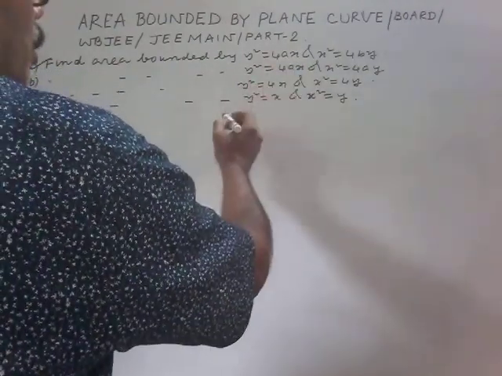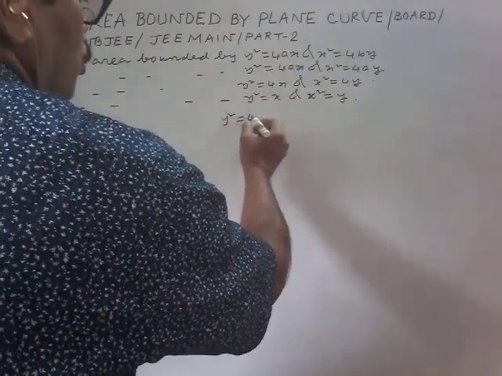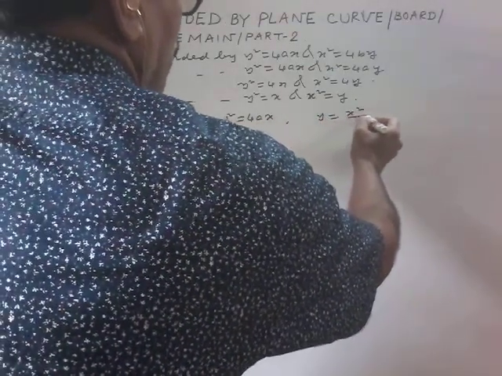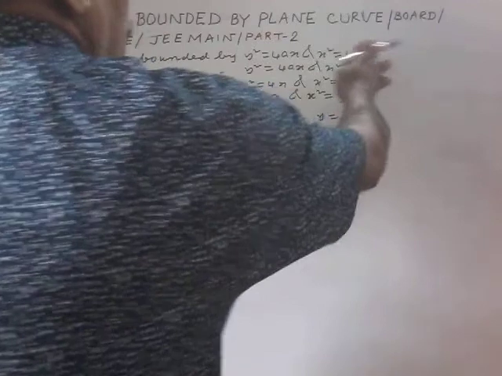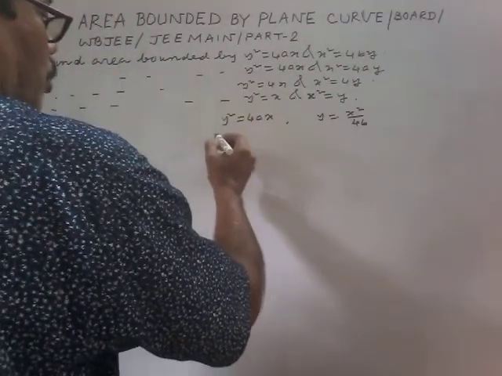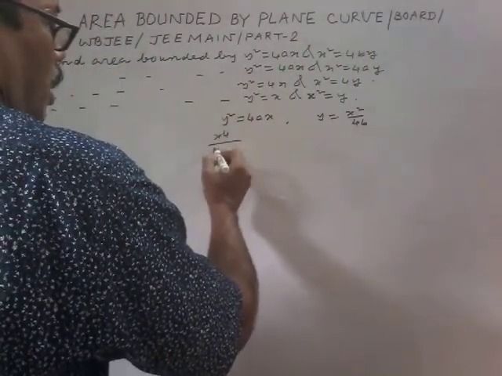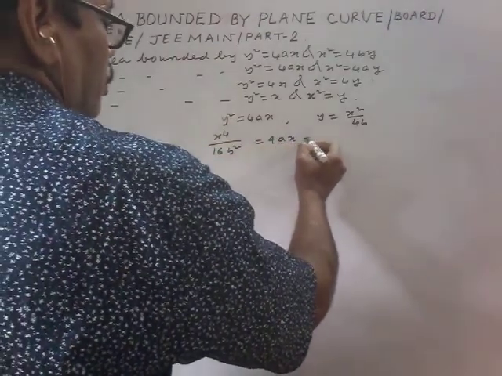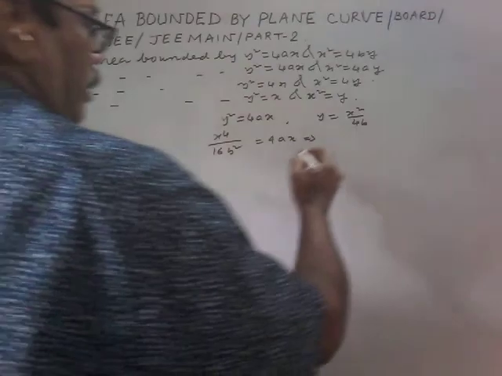So y square equals 4ax and here y equals x square by 4b. This one is general. So x to the power 4 by 16b square equals 4ax. Do not cancel x.